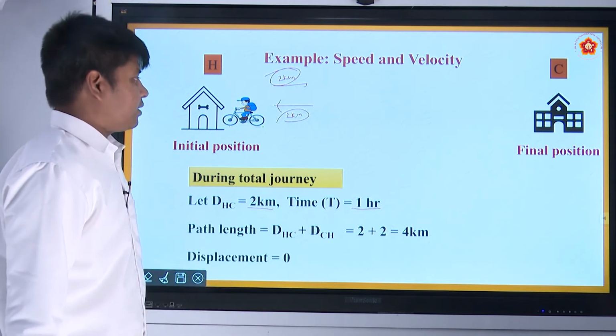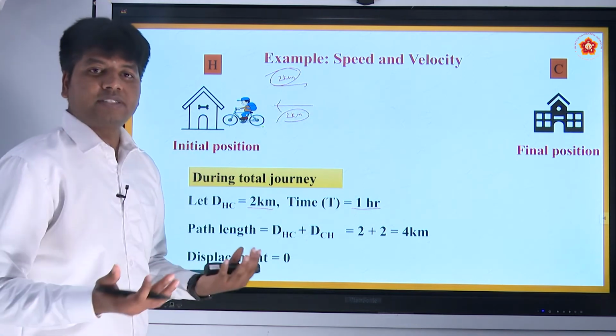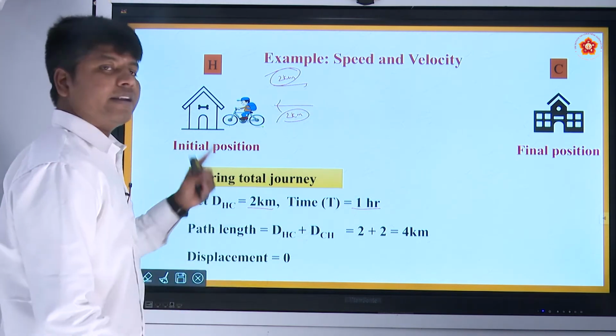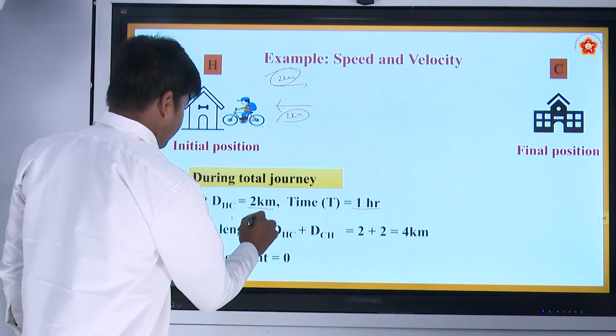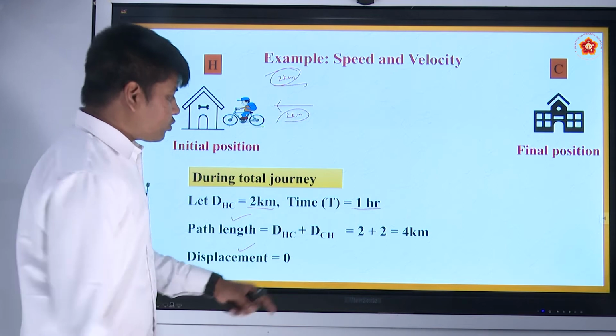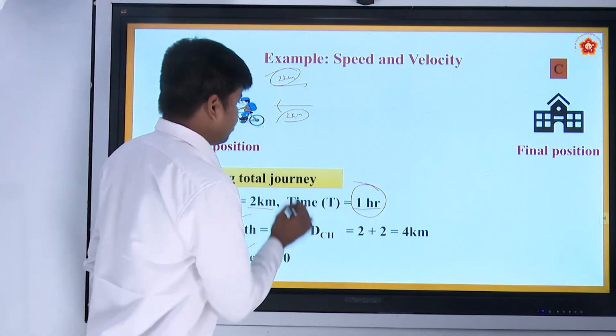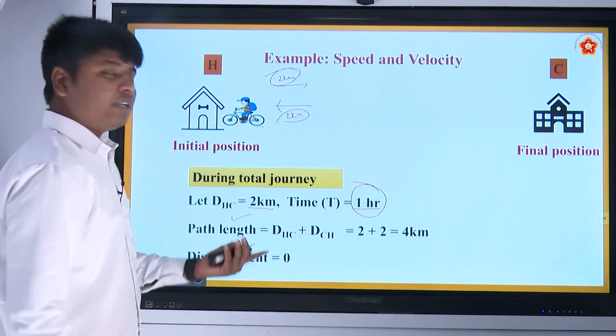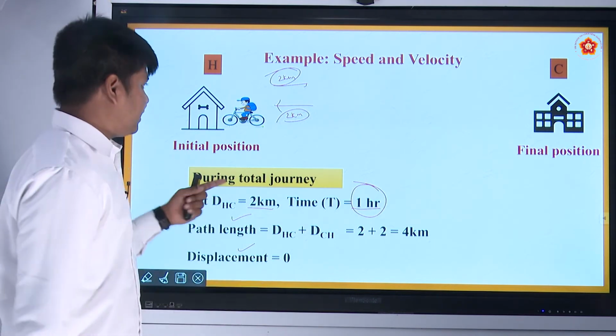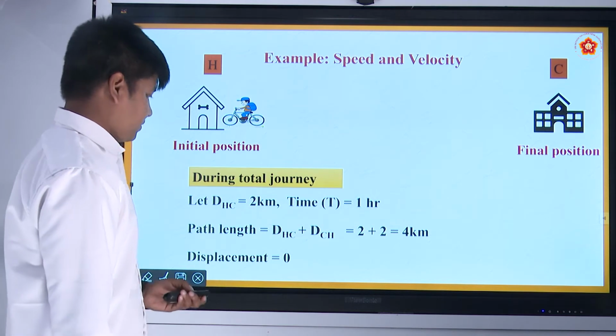So displacement, how much is the change of his position? He started here, ended here, displacement is 0. So you know path length, you know displacement, you also know the time he took to complete the whole journey is 1 hour. So now we can calculate the speed and velocity, right? So let us see.